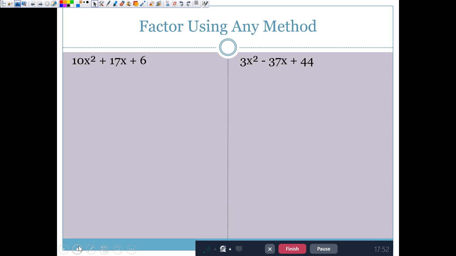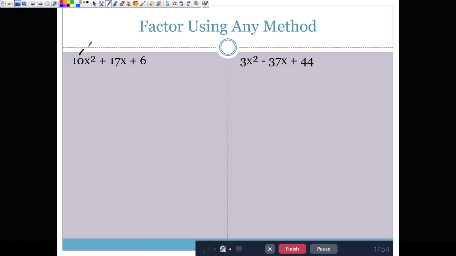Okay. So our first step is going to be multiplying a times c. So 10 times 6 would be 60. I'm going to replace 10x squared with x squared. 17x is still going to be there, and then we'll replace 6 with 60, the a times c. Now I'm going to factor as normal. I have a positive, positive, so my signs are going to be positive, positive. And then I'm trying to find numbers that multiply together to equal 60.